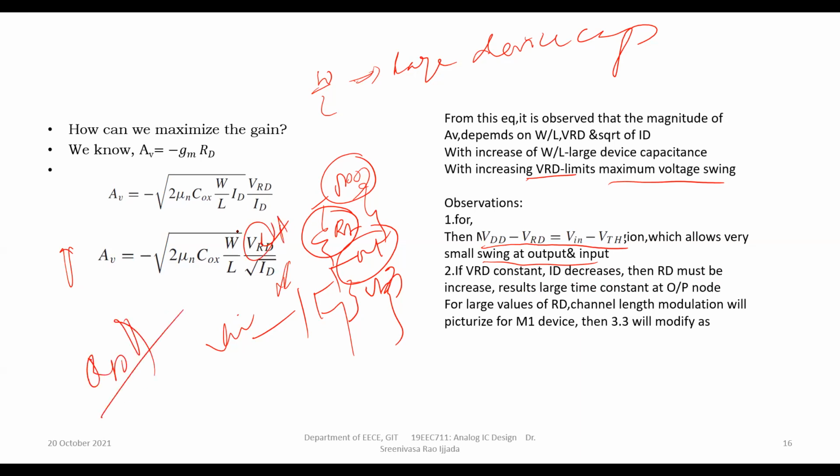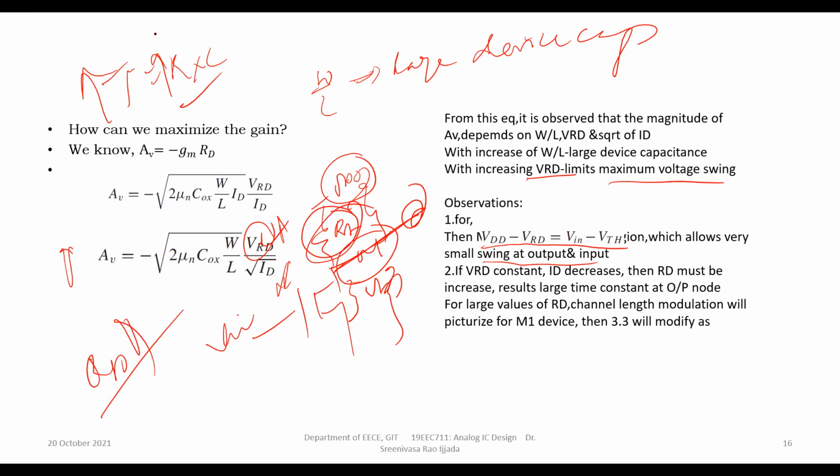A time constant problem at the output node. The time constant is RD times capacitance, T equals R into C. If R is more, the time constant is more, so the delay is more. That is the problem.